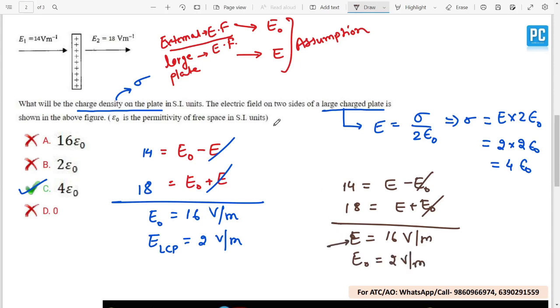And E we had assumed as the electric field due to the large plate. So at that time, E into twice epsilon naught would be 16 into twice epsilon naught, which is 32 epsilon naught, and that is not mentioned in your options. So if that is not mentioned in your options, you have to at least assume which electric field you have to consider as large.